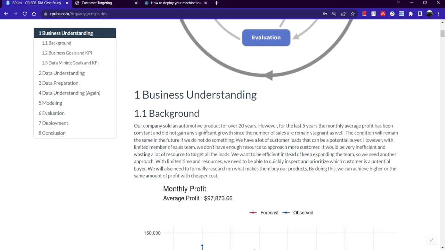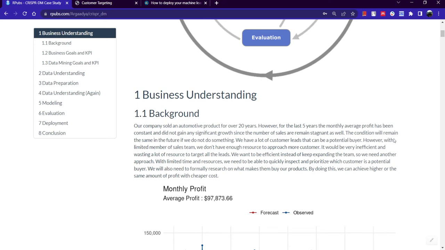So for business understanding, the company is facing stagnant profits. For the last 5 years, the monthly average profit has been constant and there is no significant growth. And they anticipate the condition is going to be the same in the future if they don't do something.